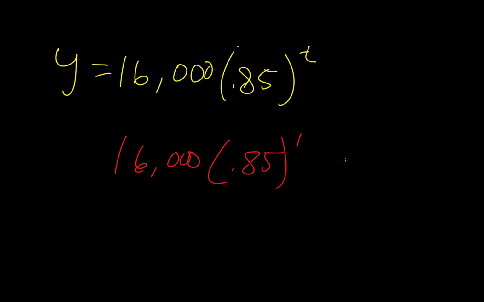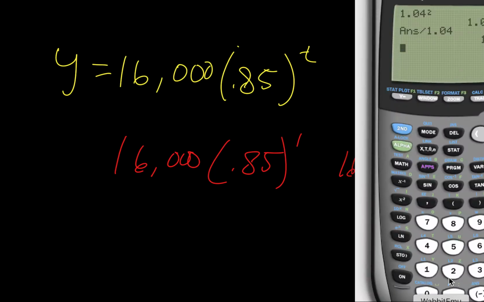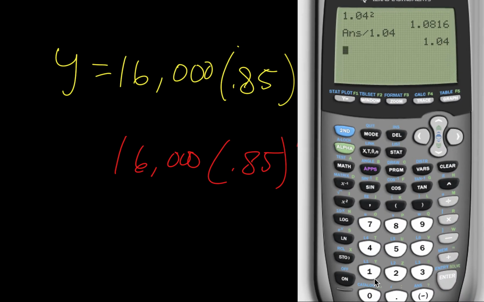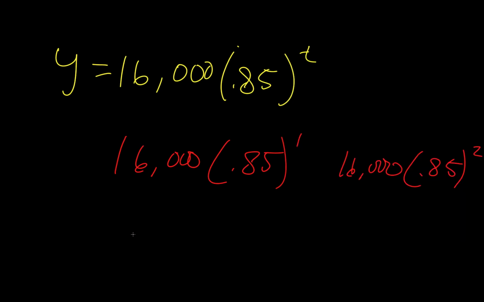So we plug in a 1 right there, and then 16,000 times 0.85 squared. We go to the calculator, and 16,000 times 0.85, we get 13,600.